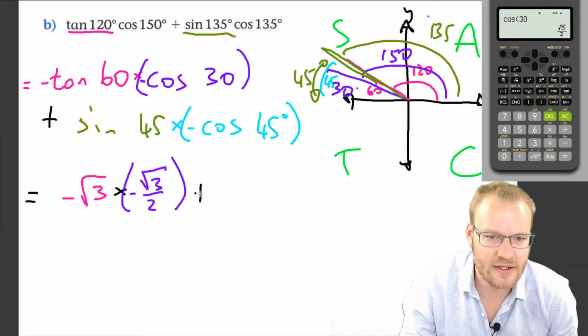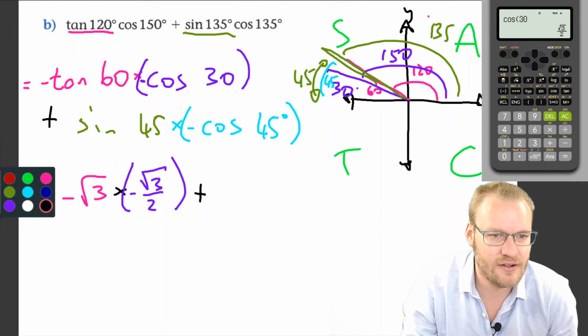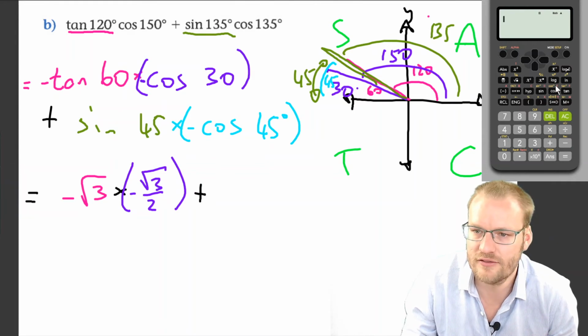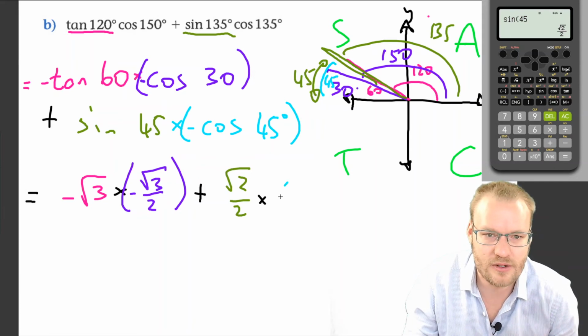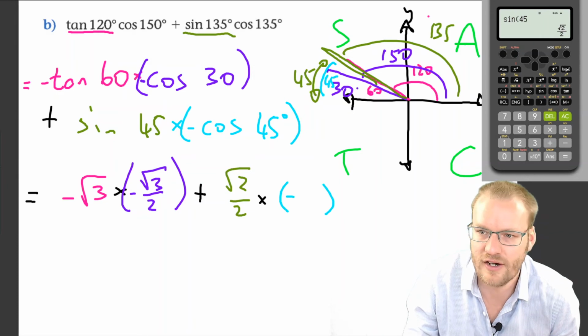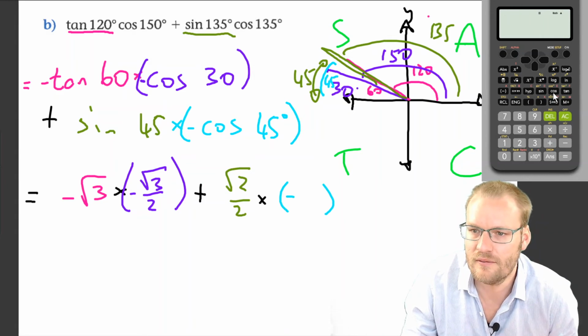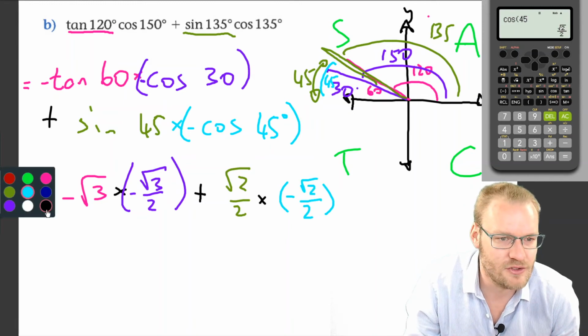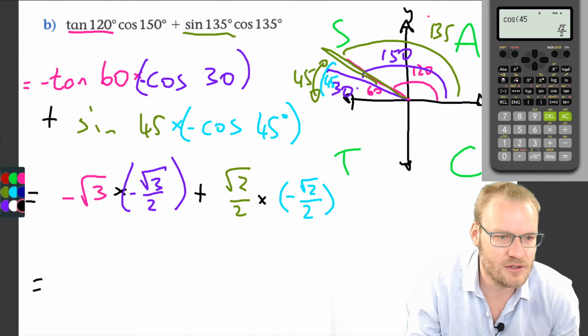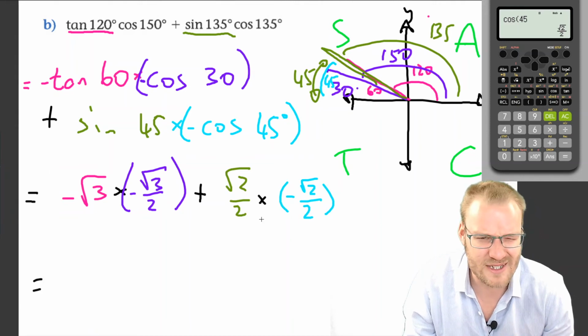We're going to add sine 45, root 2 over 2, multiplied by this negative cos 45. Cos 45 gives us root 2 over 2, and equals. You don't need to show all these steps in between.